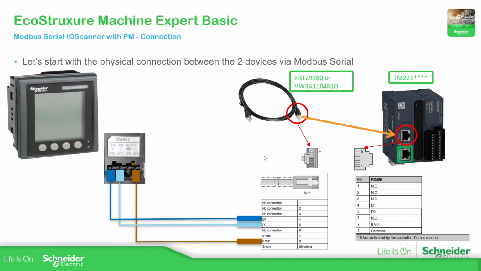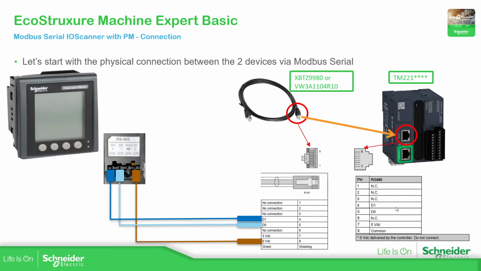Everything starts with the hardware connection. In our PLC, we have the RJ45 connector, and on the power meter, we have this connector over here. We have 4 cables. The first 2 are for the Modbus part, the 1 and the 0.